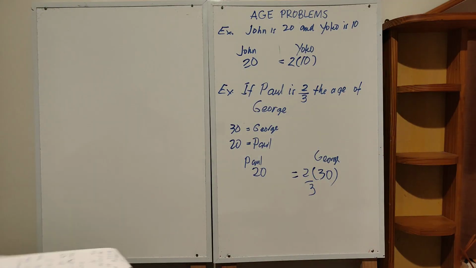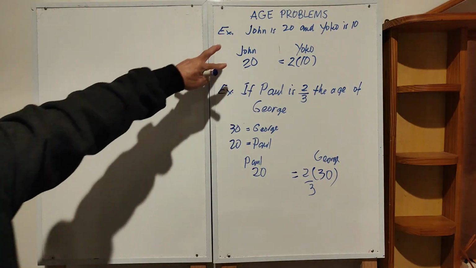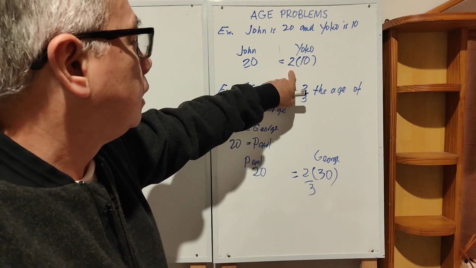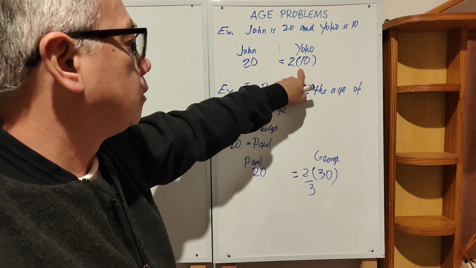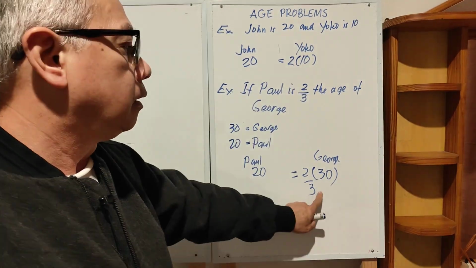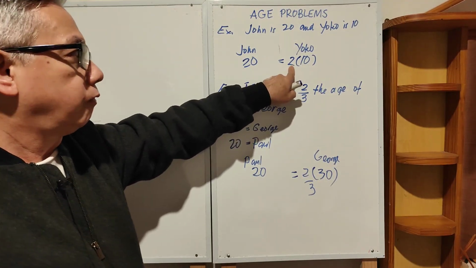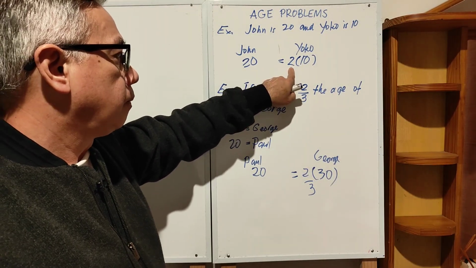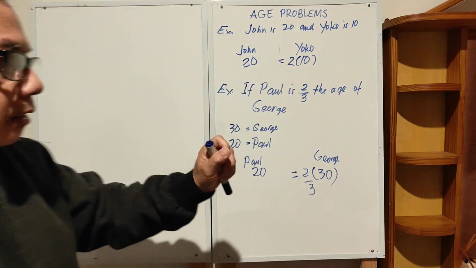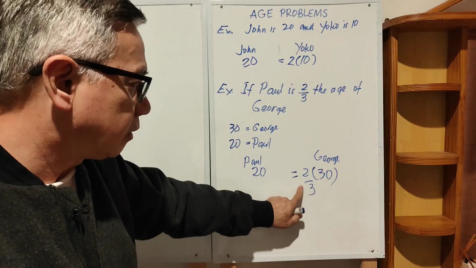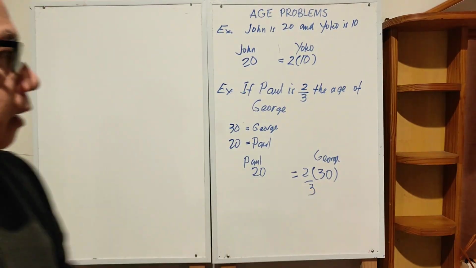So it's a paradox, because when it's a whole number, you multiply the younger. But if it's a fraction, you multiply it to the older person.